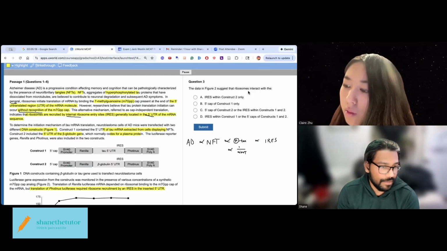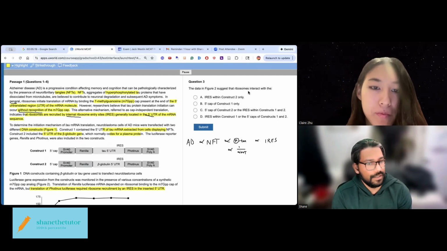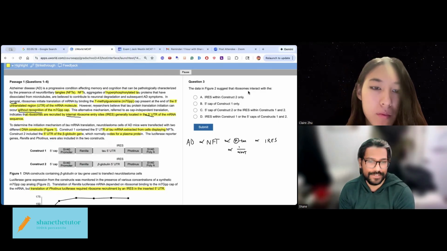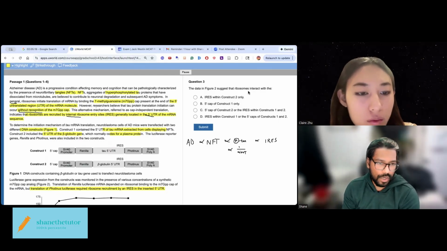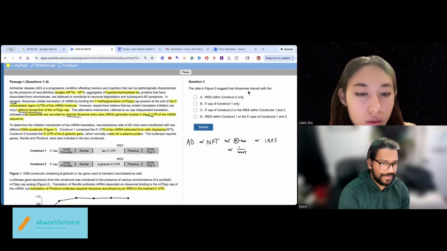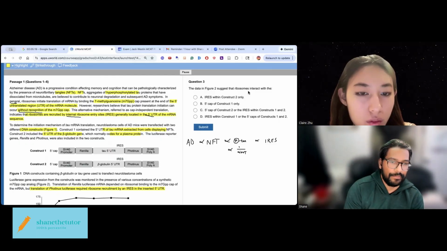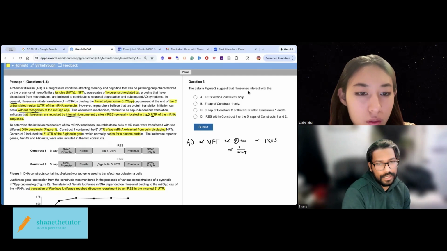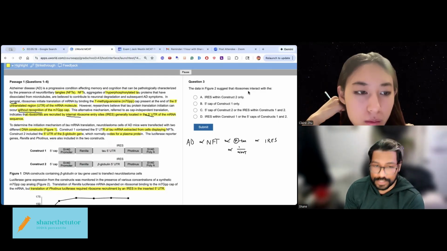Okay, to determine the initiation mechanism of tau mRNA translation, neuroblastoma cells of AD mice were transfected with two different DNA constructs, figure one. Construct one contained the 5' UTR of tau mRNA extracted from cells displaying NFTs. So this could be perhaps a positive control. It's the mRNA for something that we know has this bad thing that we're looking for.